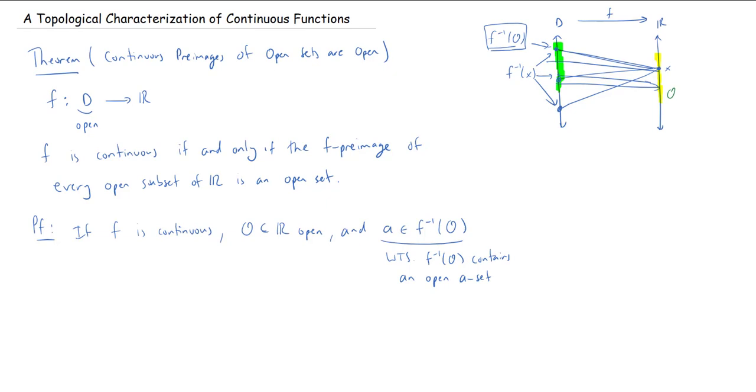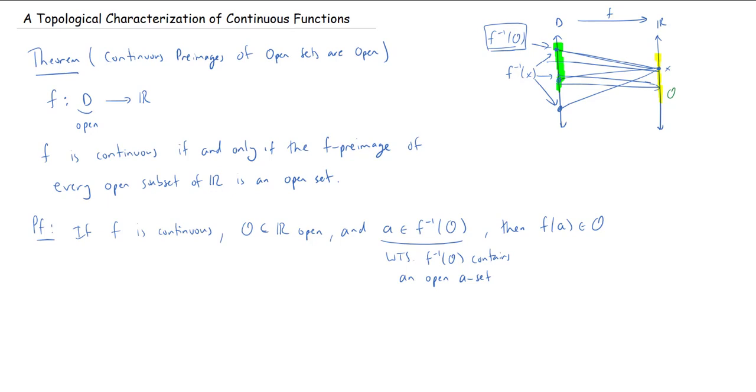Okay, so remember that means it's just some open set that contains a. Okay, fine. So we have all these assumptions now, and, well, what do we know? Well, if a is in the preimage of O, that means when you apply f to a, you end up in O. So we can just record that. f of a is an element of O.